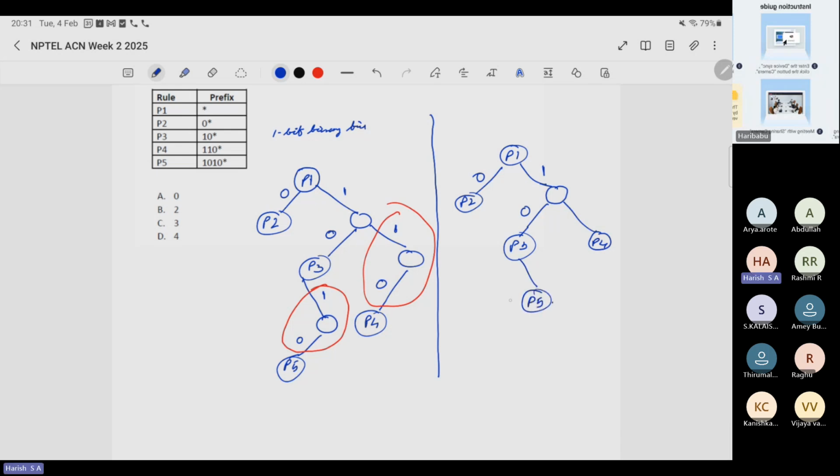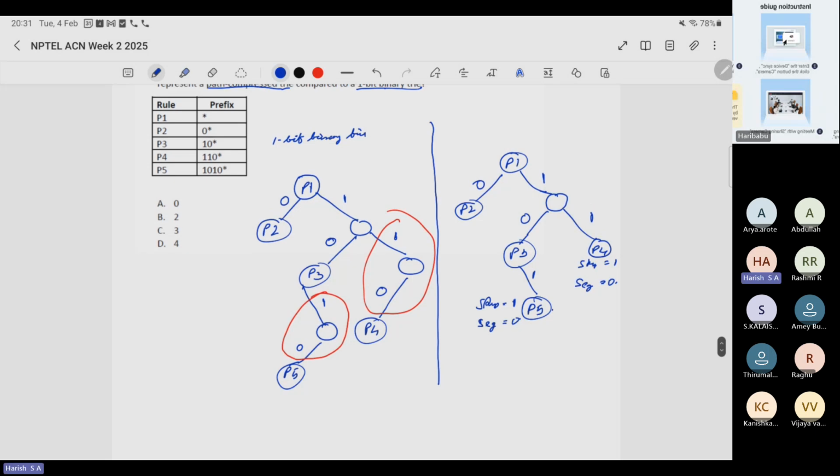So the skip is equal to 1, and the segment is equal to 0, and the skip is equal to 1, and the segment is equal to 0. I think this should be clear. If not, you can ask me questions.